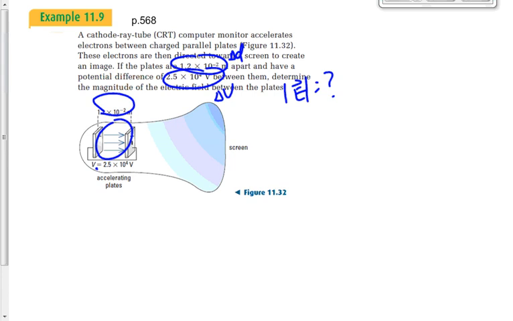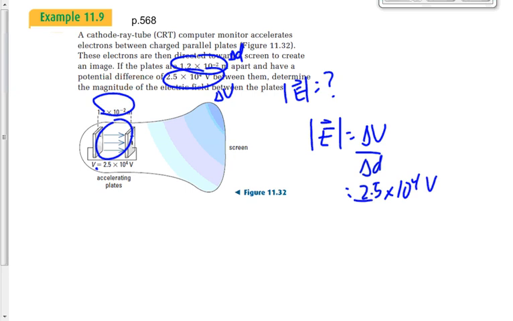So that middle equation that is valid, we're probably not going to use here because we don't know anything about that experiencer. We do know something about the plates themselves. E is equal to delta V over delta D. The potential difference between the plates is 2.5 times 10 to the 4 volts. And the distance between the plates is 1.2 times 10 to the negative 2 meters.